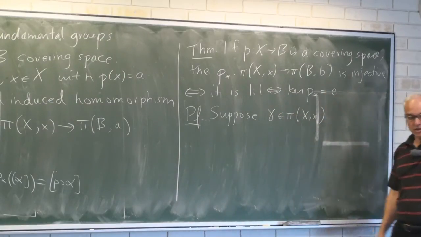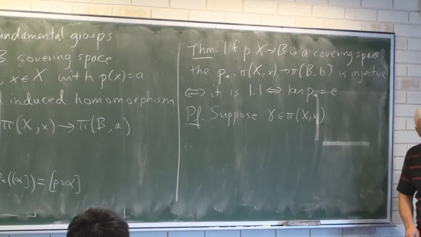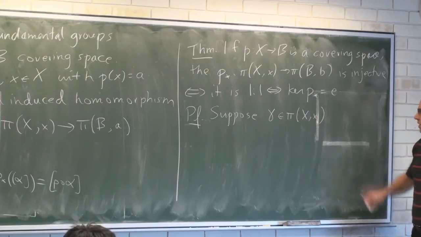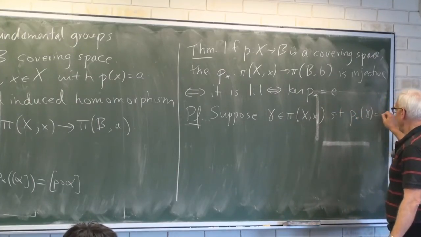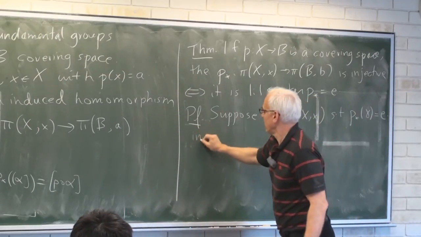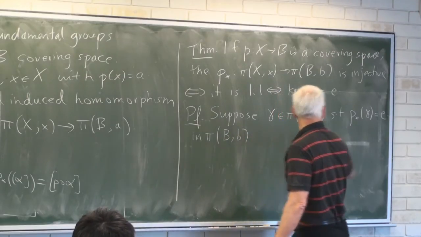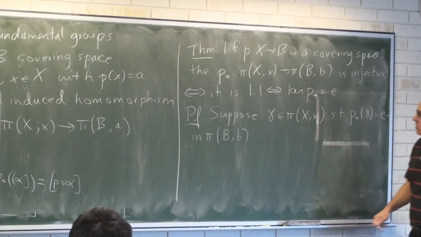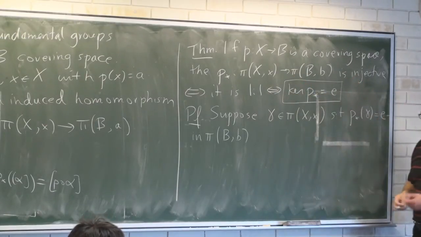So it's a path upstairs, starting and ending at X, which has the property that it's pushed down such that P star of gamma equals E, the identity E in pi B, B. So I'm investigating this aspect of it, looking at the kernel, trying to prove that the kernel is the identity.